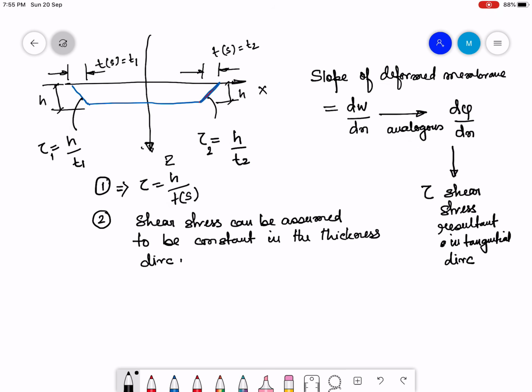Okay, and this is a good assumption. I mean, it is not a bad assumption, because the cross section is thin. We can make this assumption very well, and this is going to work fine.